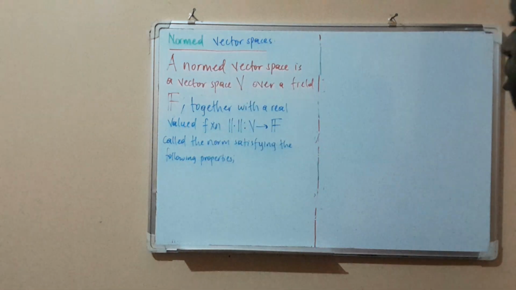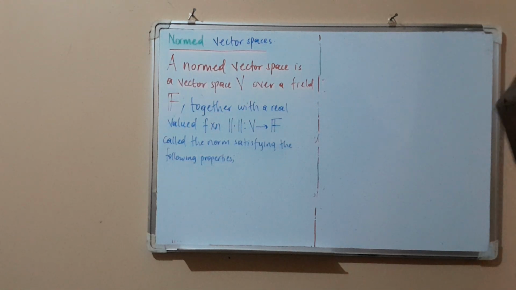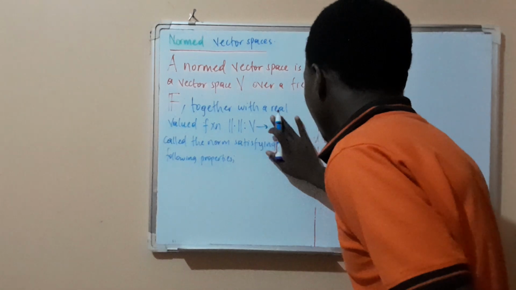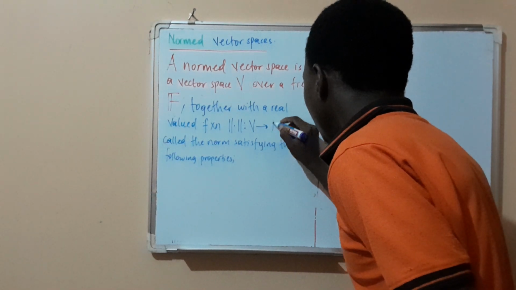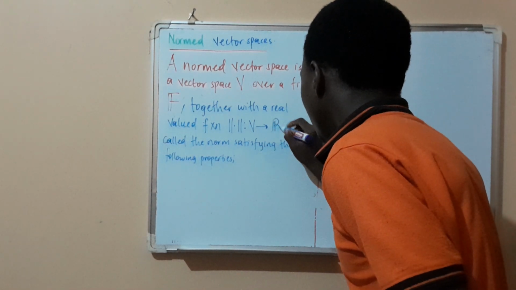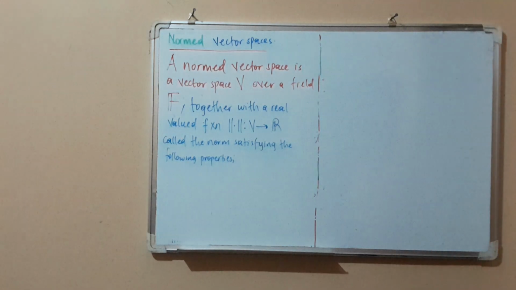So it's a vector space over a field F together with a real valued function, which we are calling a norm, satisfying the following property.